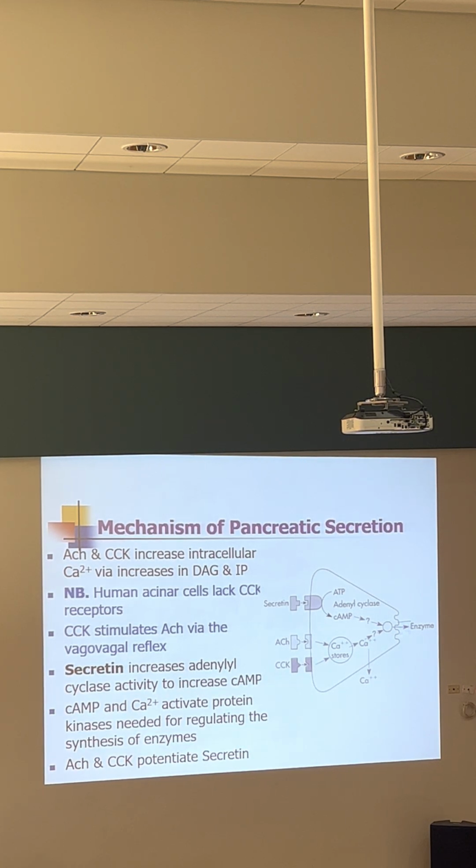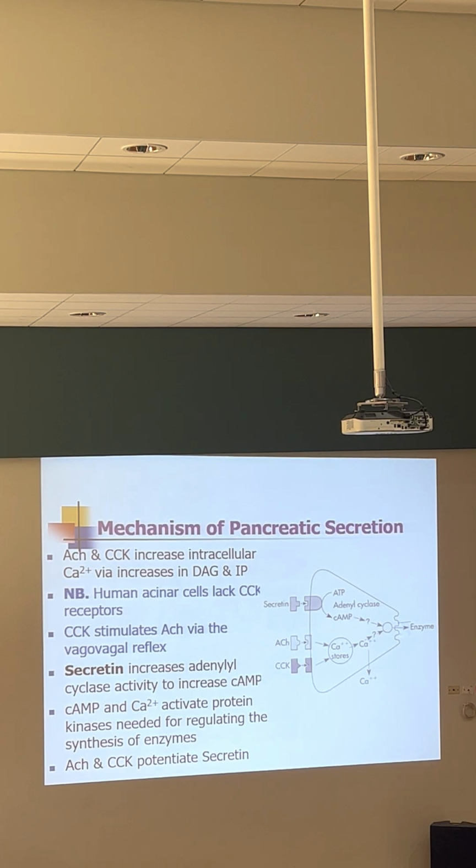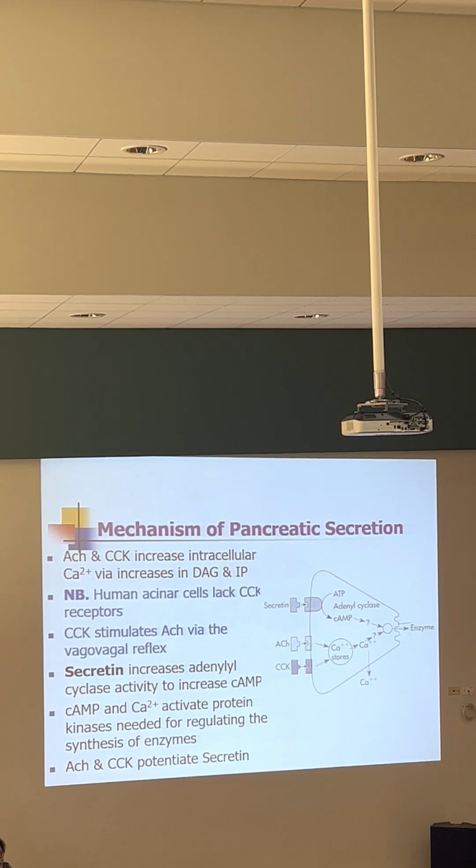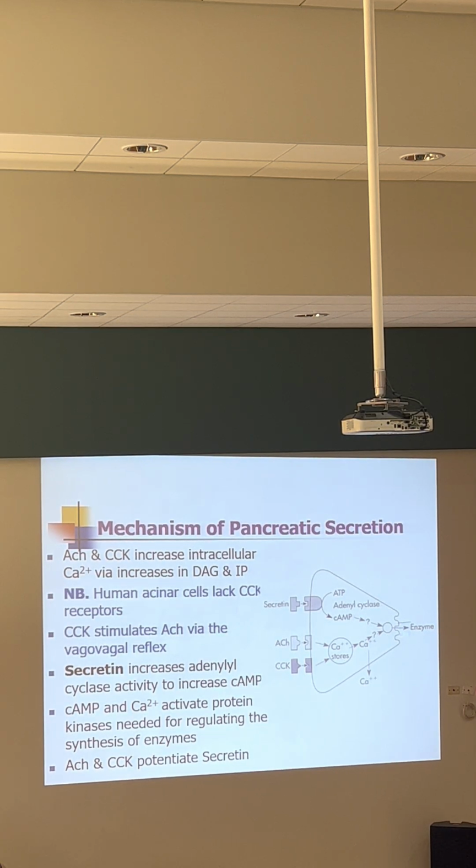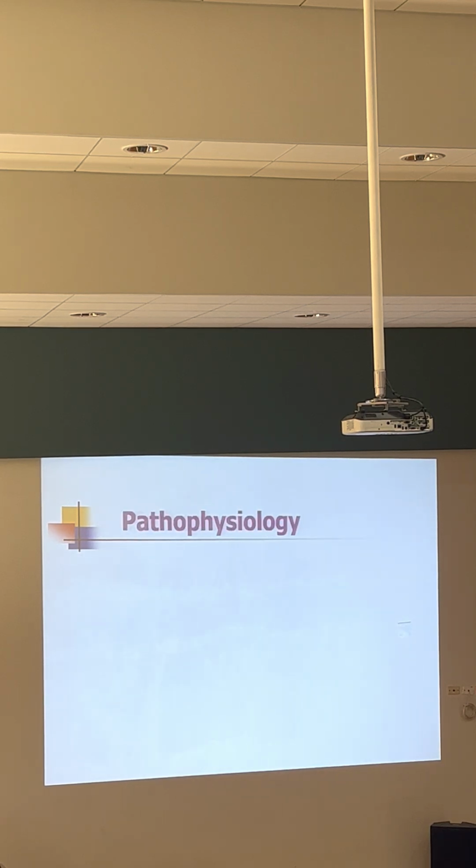It appears that acetylcholine and CCK can also potentiate the effect of secretin. In other words, it's not just additive, it makes secretin much more efficient in its action, creating that large volume of alkaline bicarbonate secretion.